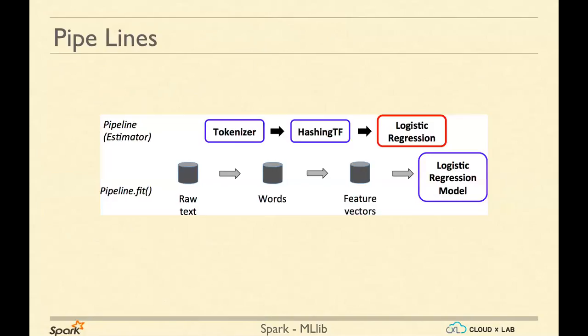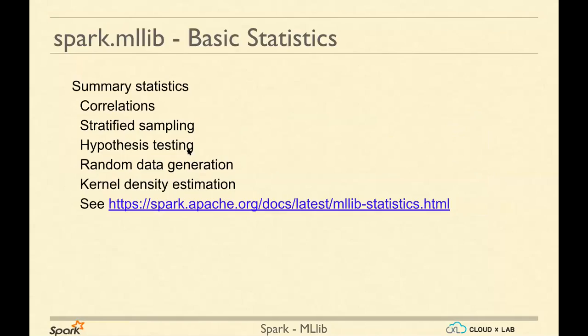If we are trying to do complex text processing, you might take raw data, convert it into words, convert each word into vectors, and then do some kind of regression or algorithm fitting. So there could be many steps, and the entire thing can be run in a single shot. That's basically the idea of pipelines.